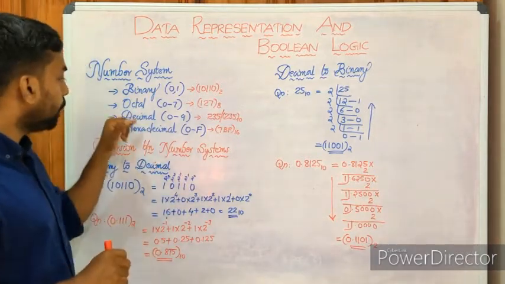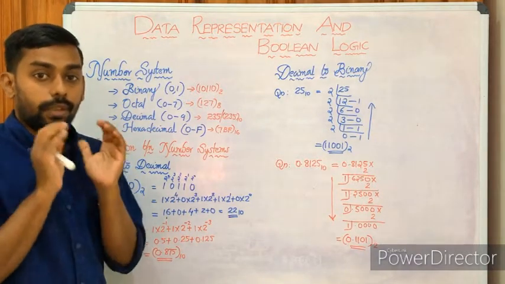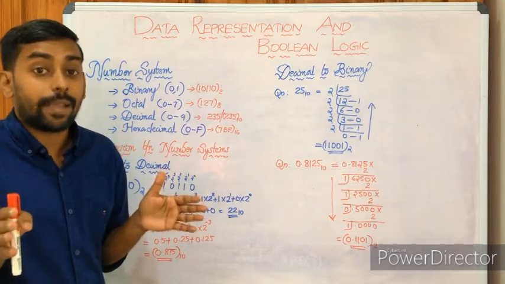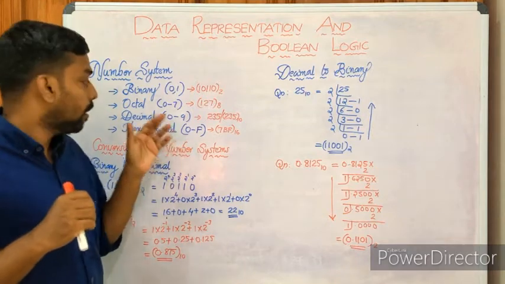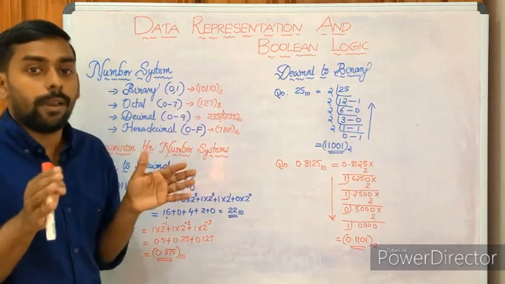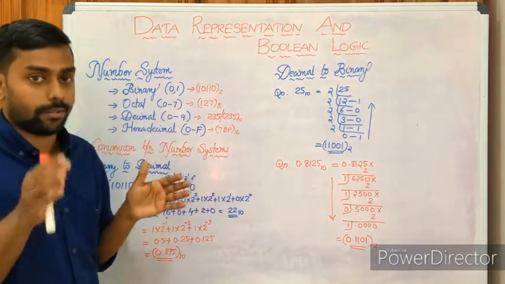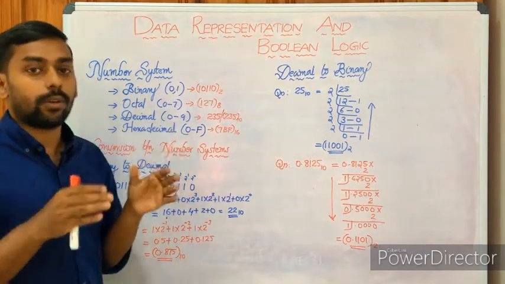Then decimal number system, that's the most commonly used number system. We are using decimal number system in all our math calculations and all real-time calculations. This is an internationally accepted number system used worldwide for normal applications, and the numbers range from 0 to 9, total 10 numbers.